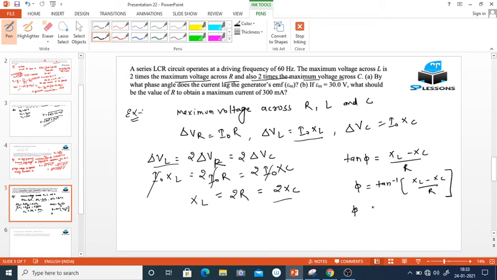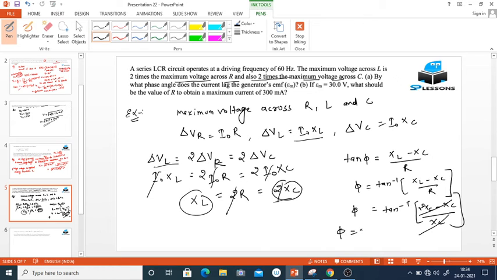So phi equals tan inverse of 2 times XC minus XC divided by R. Here XC and R are equal, so XC and R cancel out, and phi equals 45 degrees.